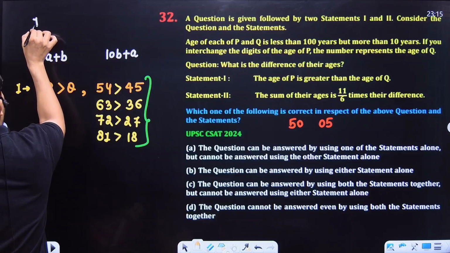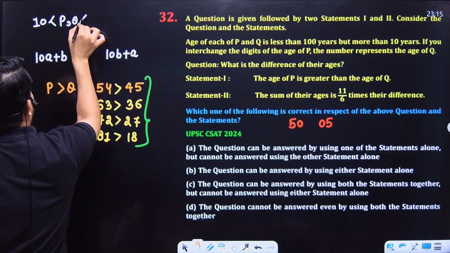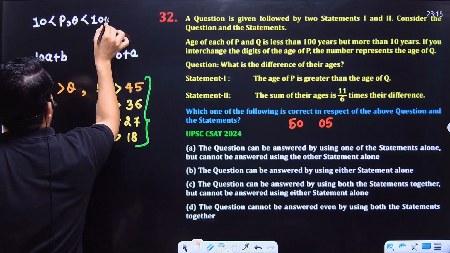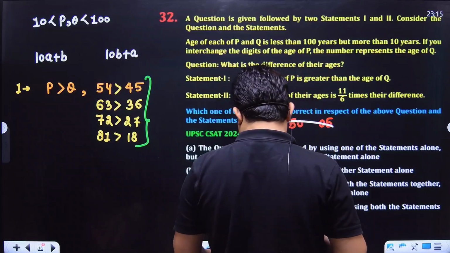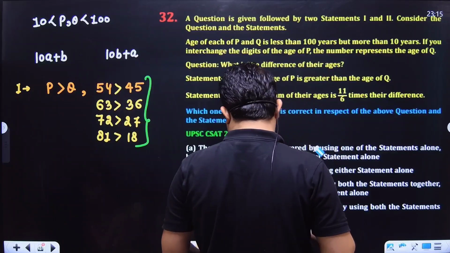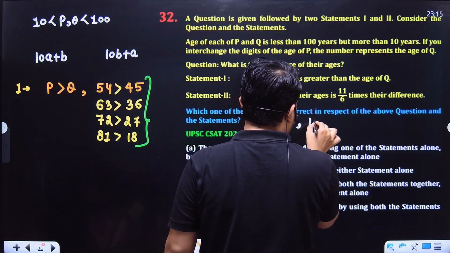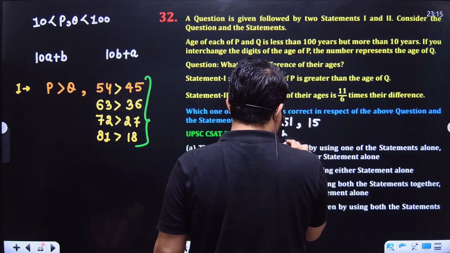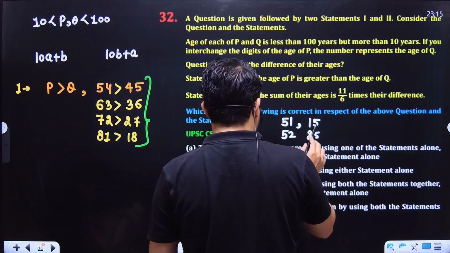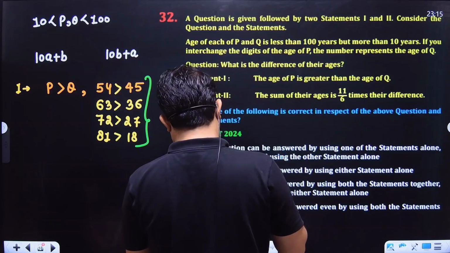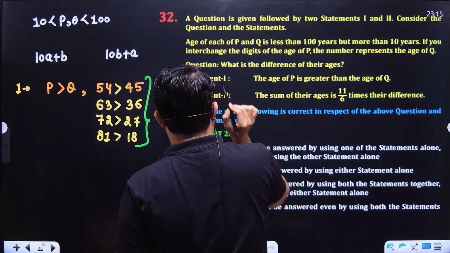So I can take P as 51, then Q will be 15; P equal to 52, Q is 25. I can take numerous values. So statement first completely fails to answer the question.